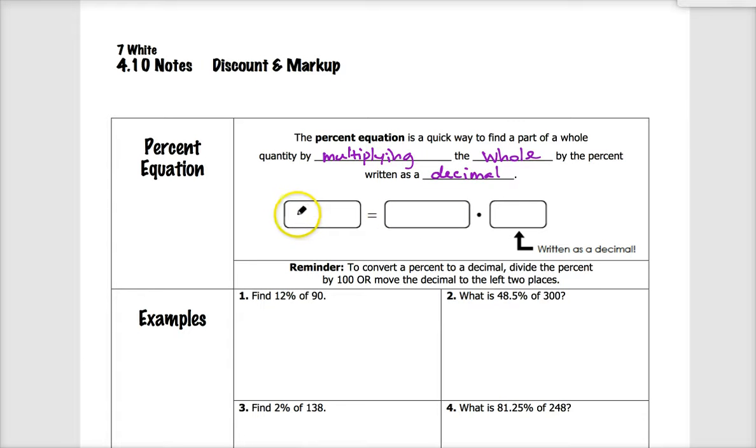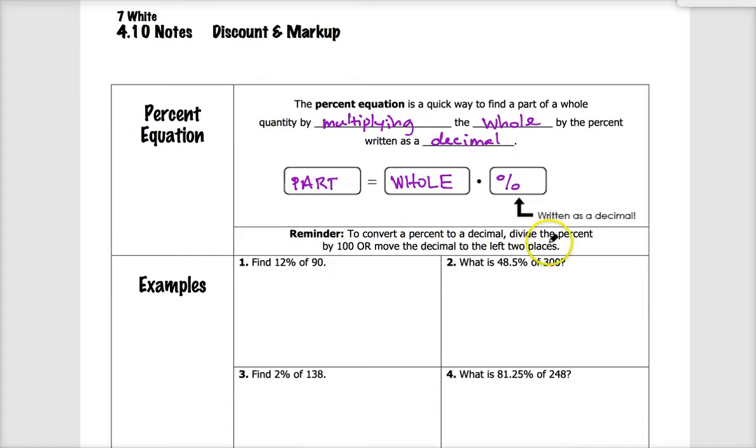The part equals the whole times the percent, and the percent is written again as a decimal. A reminder, to convert a percent to a decimal, we divide the percent by 100 or just move the decimal two places to the left.